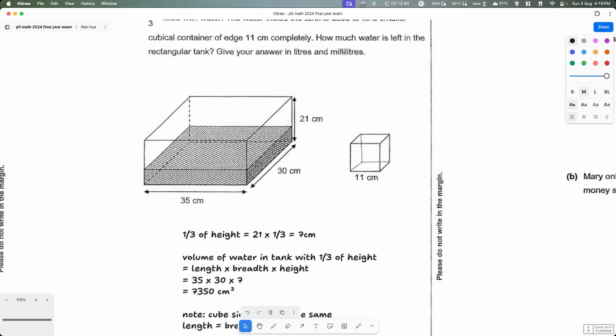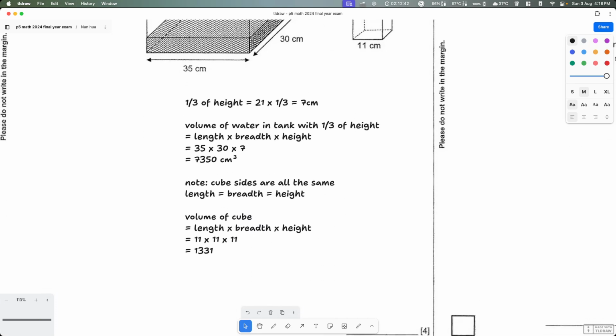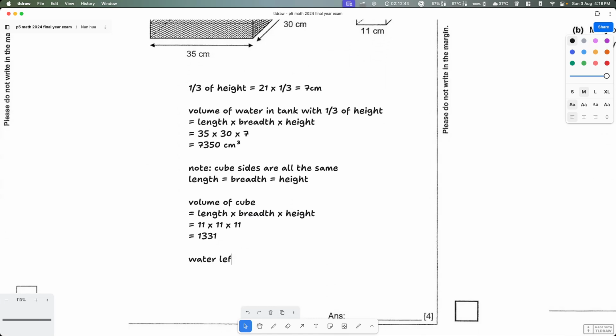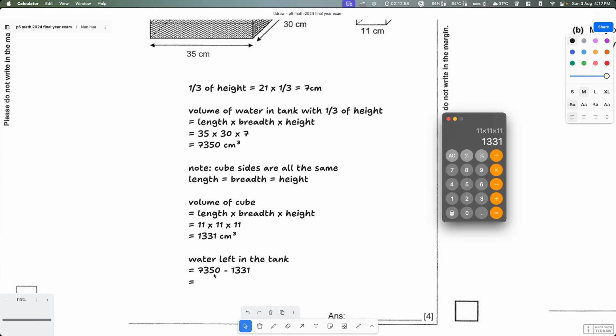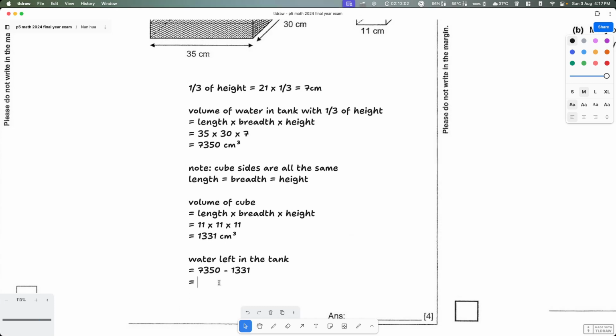So that means how much water is left in the tank? Water left in the tank is equal to, so this centimeter cube, I'm going to put like this, 7350 minus 1331. 7350 minus 1331, 6019.